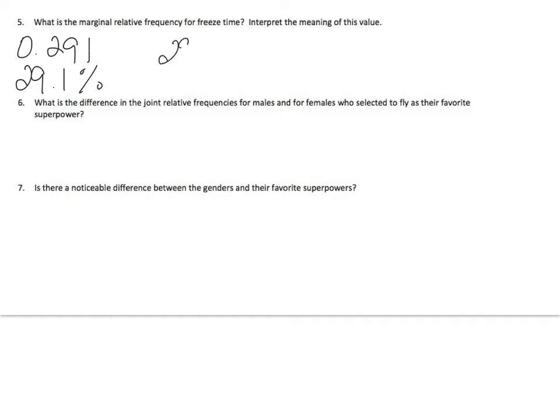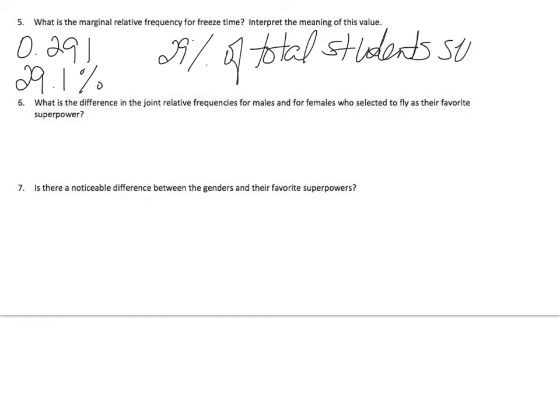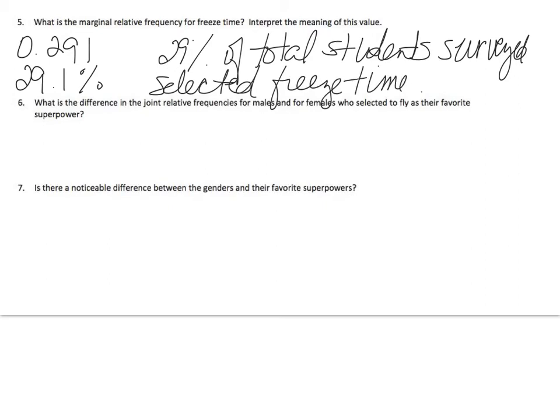So about 29% of the total students surveyed or sampled selected freeze time. It's a big percentage. They selected freeze time as their favorite superpower.